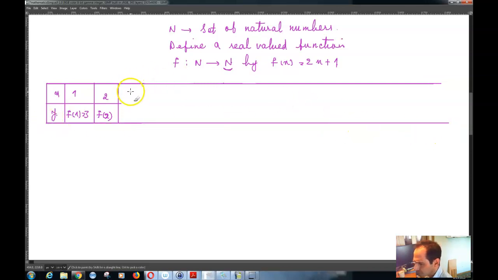If x is equal to 2, then f of 2 is equal to 2 times 2 plus 1, which is 4 plus 1, equal to 5.